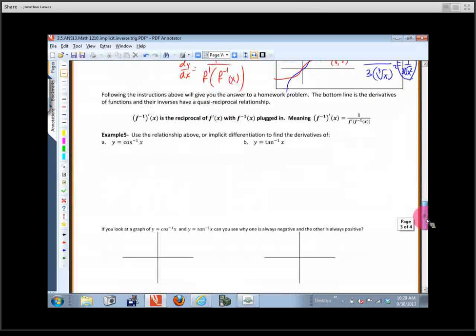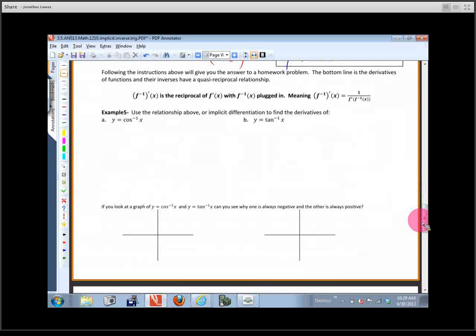All right. So let's use that relationship up above. Let's figure out what the derivative of cosine inverse is. So the first thing we're going to do is figure out what the derivative of cosine is. So the original function would be cosine. This is its inverse. What is the derivative of cosine?